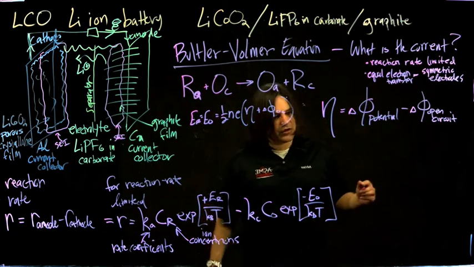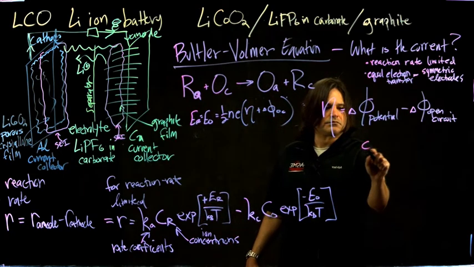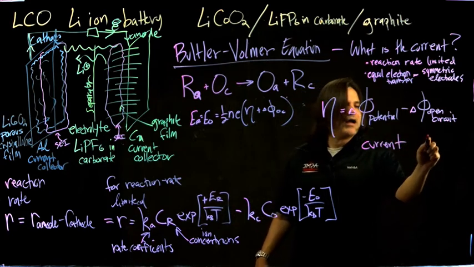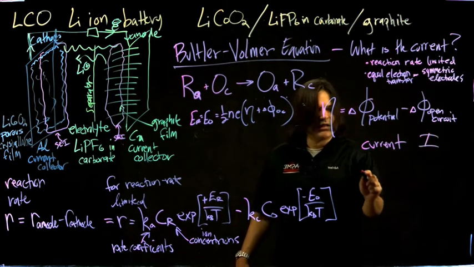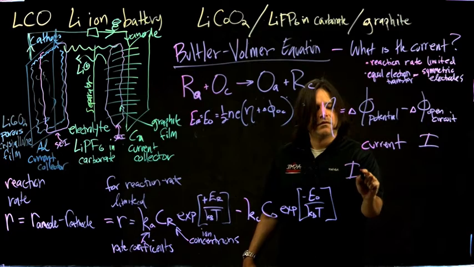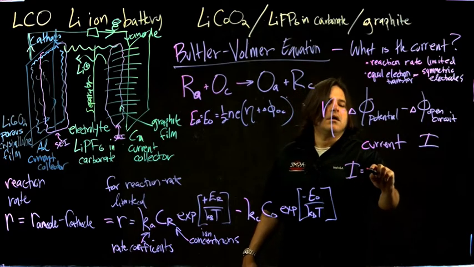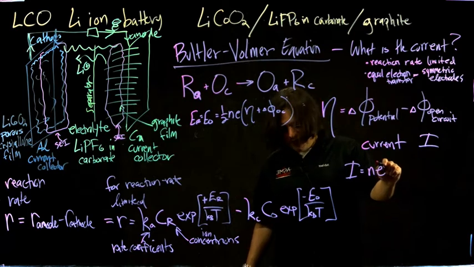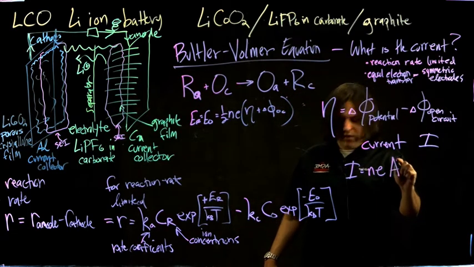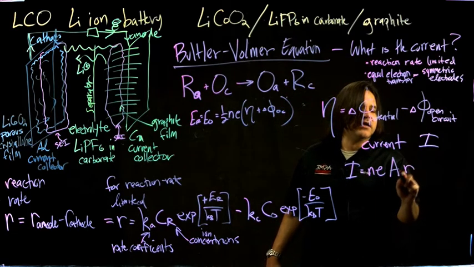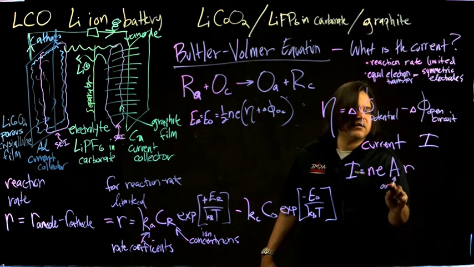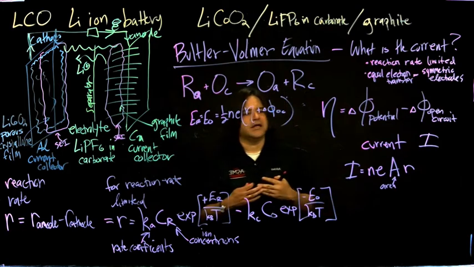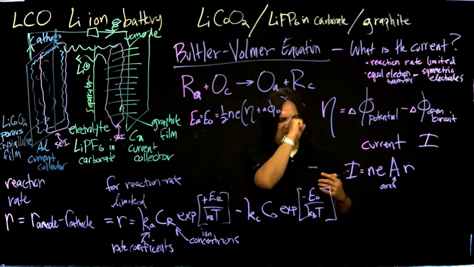So current I, you can say that I equals the number of electrons you're transferring in the reaction times the area and the reaction rate. This is area of the electrode, the interface where you're transporting electrons and ions back and forth.